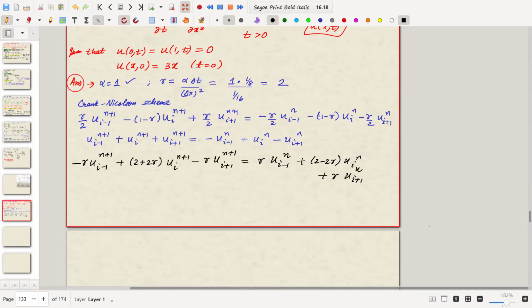Okay, fine. So if you put r equal to 2, this equation boils down to this form, minus u(i-1).